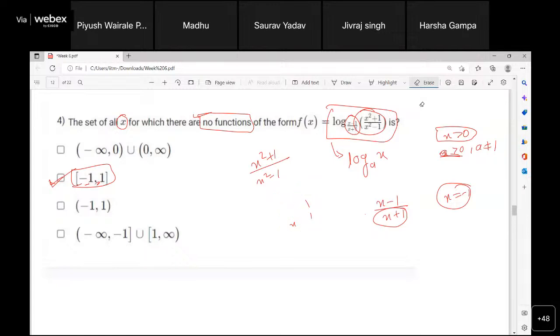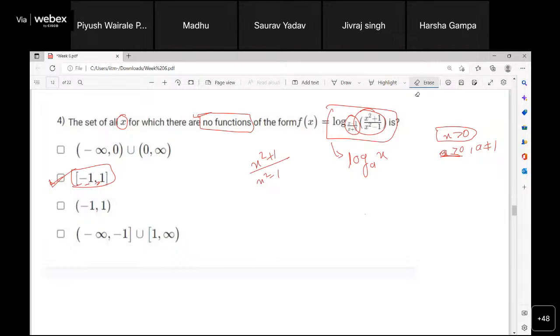So no function means where the vertical line test fails, I think. Okay, vertical line test fails.